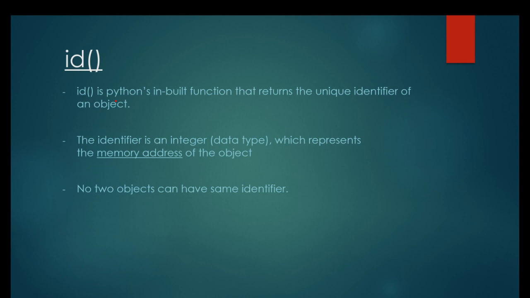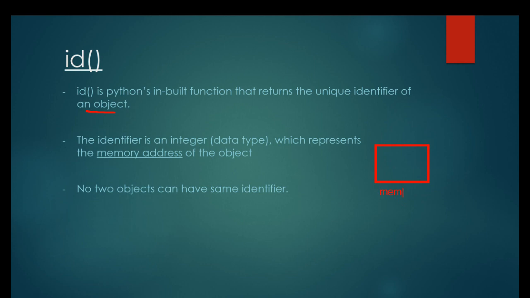Basically, the id function is Python's inbuilt function that returns the unique identifier of an object. The number that it returns is of data type integer, which represents the memory address of the object. In my previous video, I explained that a variable is a name given to a memory location.